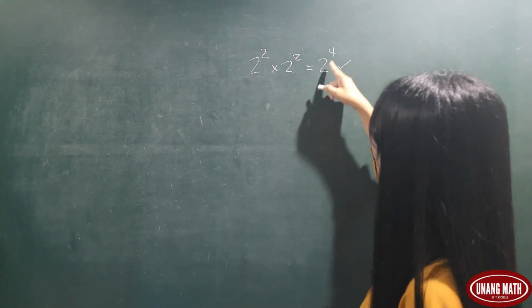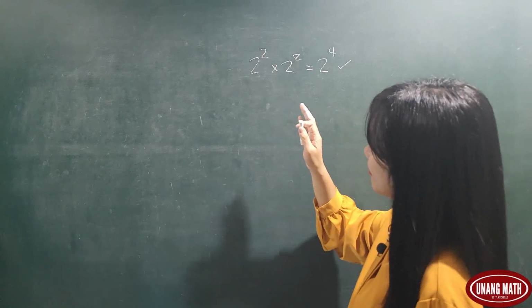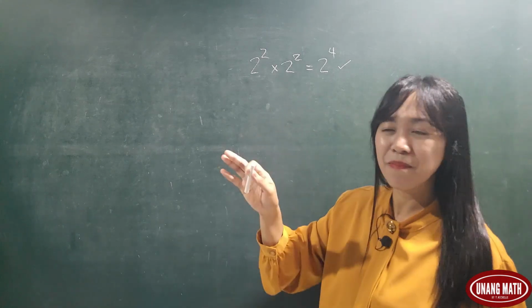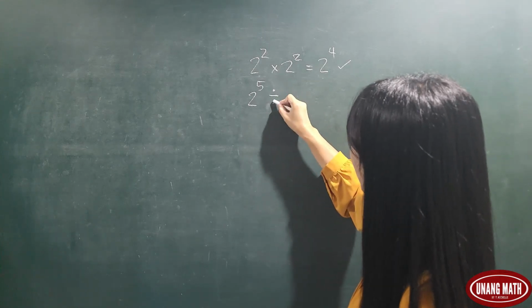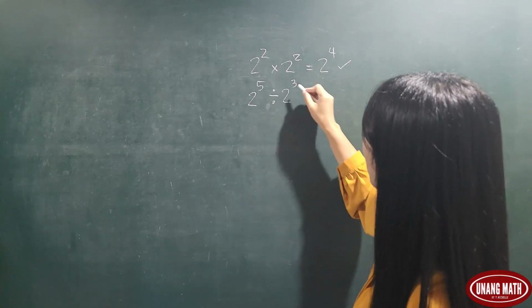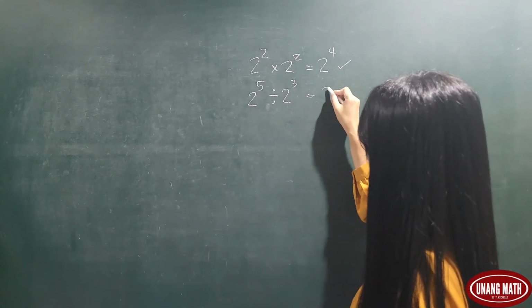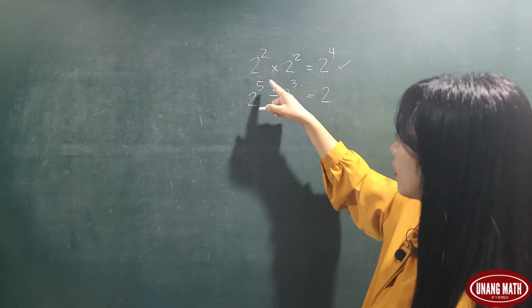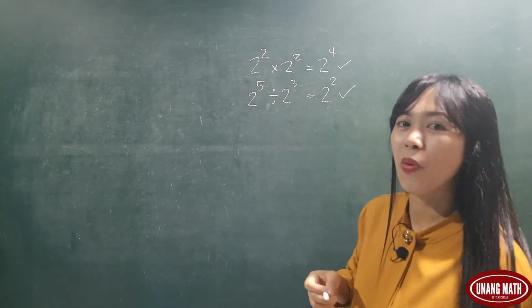So this is 2 raised to the power of 4. In dividing exponents with the same bases, example, 2 raised to the power of 5 divided by 2 raised to the power of 3, the rule is we will just copy the base, then subtract the exponents. So 5 minus 3, 2. So this is 2 squared.